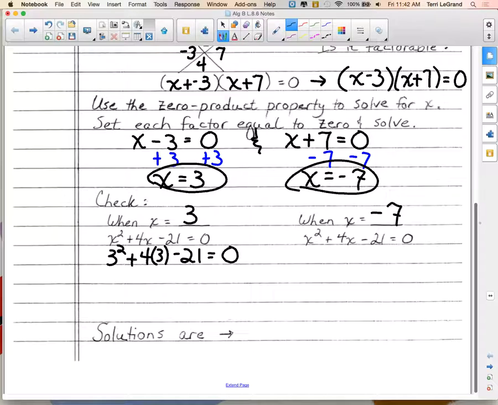And this is where some of you are stopping and you're just letting that calculator do it and then you're not putting anything else. This is not a check problem. This is a substitution problem. 3 squared is 9. 4 times 3 is 12. 9 plus 12 is 21.